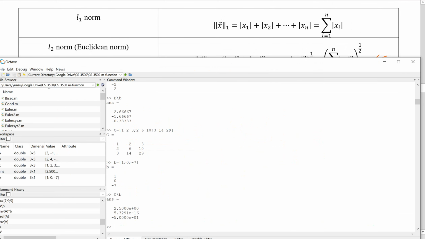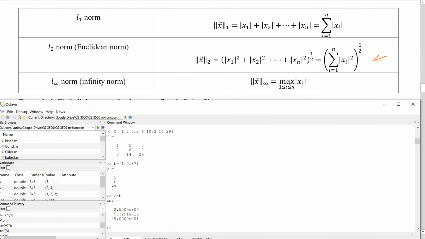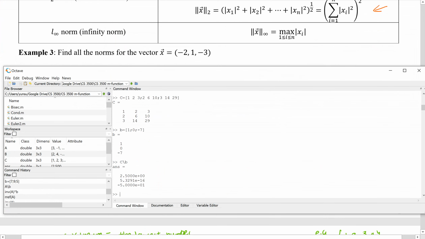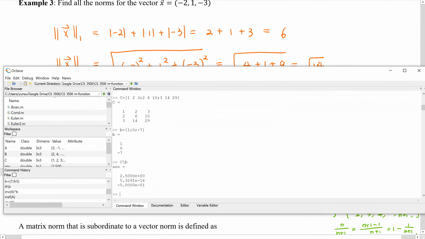Right here. Let me shrink a little bit. Okay, so this is the vector x equals, let's do -2, 1, -3.